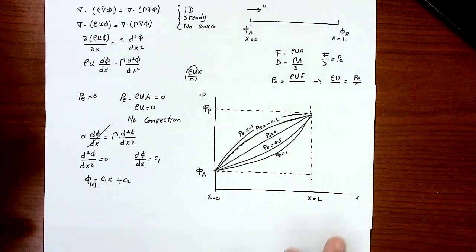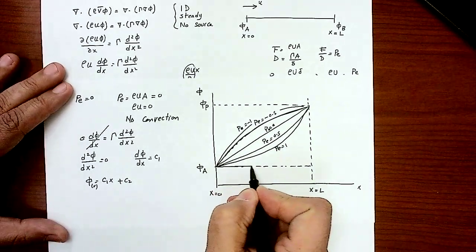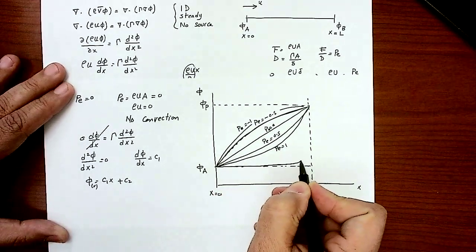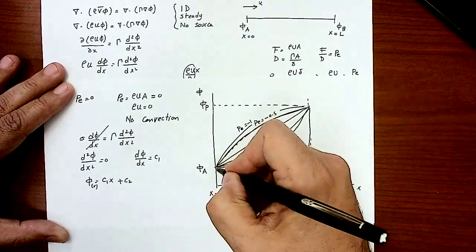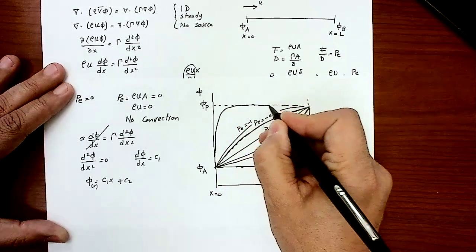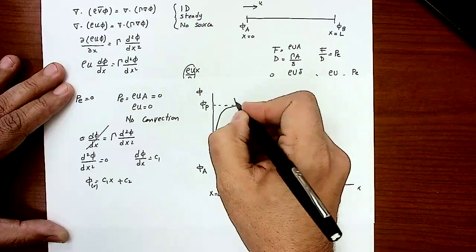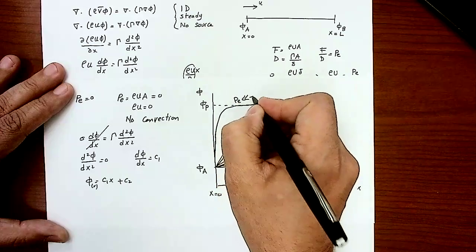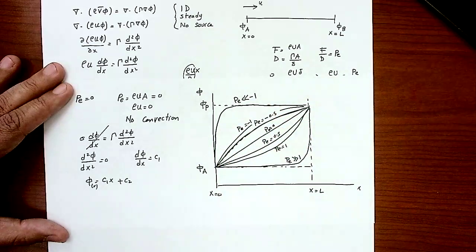For a very large Peclet number, the solution will look like this, and for a negative value, the solution will look like this. So this is for Peclet much greater than 1, and this is for Peclet much less than minus 1.